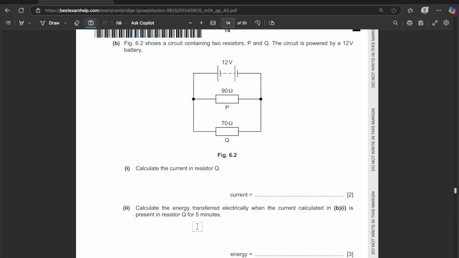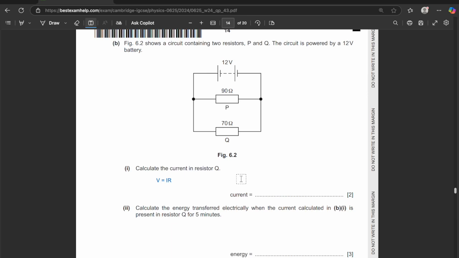B. Figure 6.2 shows a circuit containing two resistors, P and Q. The circuit is powered by a 12-volt battery. 1. Calculate the current in resistor Q. So you have this equation V is equal to IR. Current will be 12 volt divided by 70.